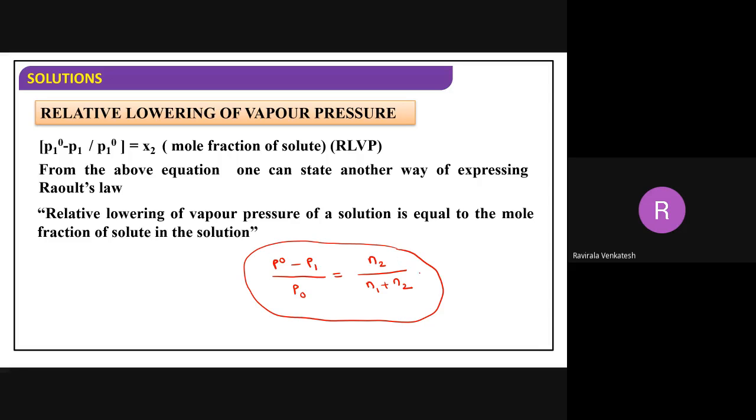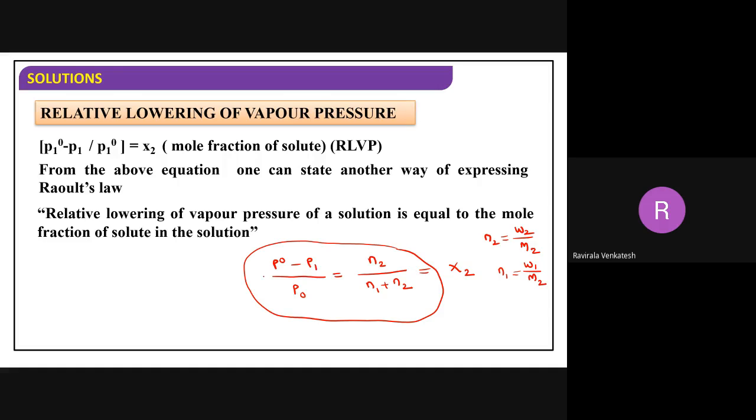Number of moles N2 is equal to weight of solute divided by molar mass of solute. Similarly, N1 is equal to weight of solvent by molar mass of solvent.